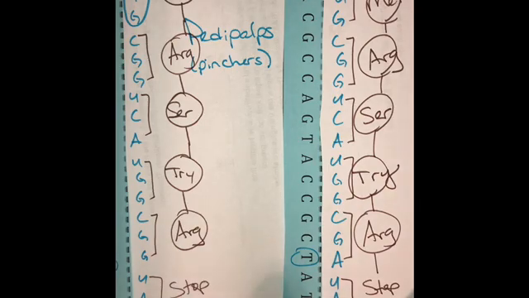It turns out, though, that even with the mutation, I still got the same amino acid. So this means that here we have a silent mutation. Although there was a mutation to the DNA, here we have a silent mutation. So that means that we would actually not see a change to this particular scorpion's pedipalps.